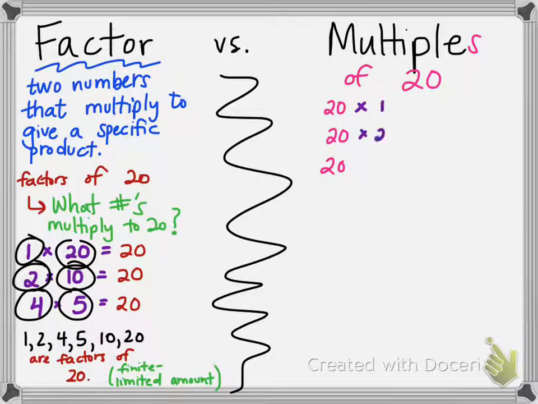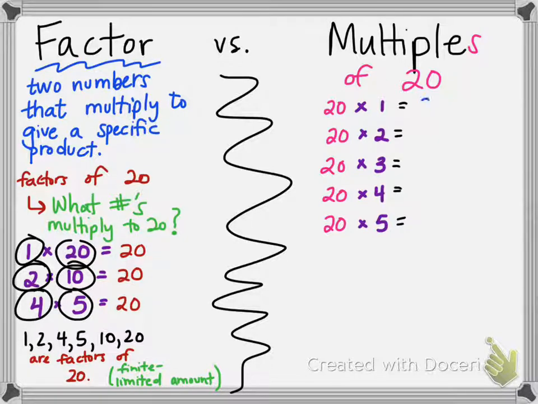The next time I could multiply 20 by 2. The next time I could multiply 20 by 3. And hopefully you see the pattern that I'm establishing here. I'm just going to keep starting with 20, and then I'll just multiply it by the next number in the list of integers.